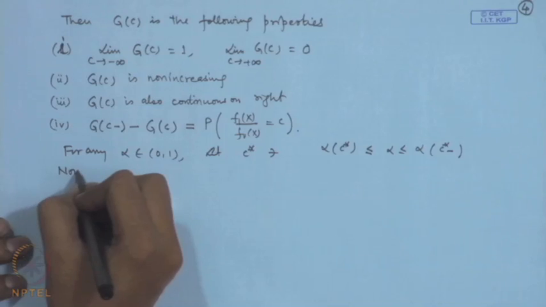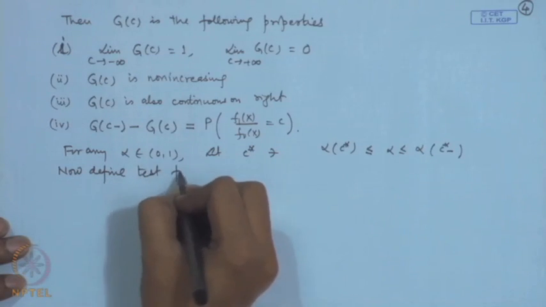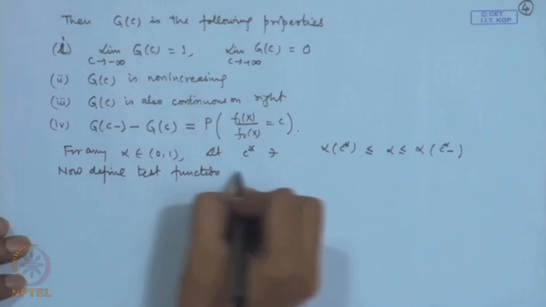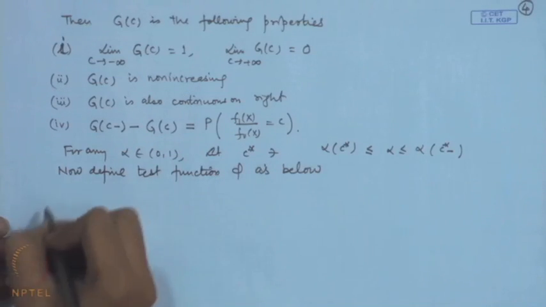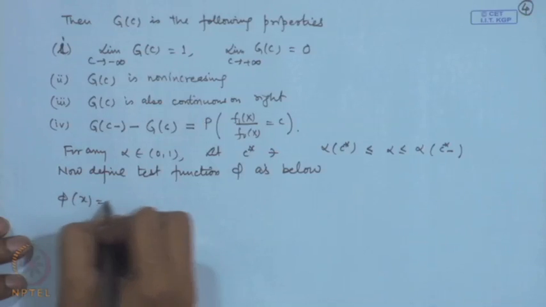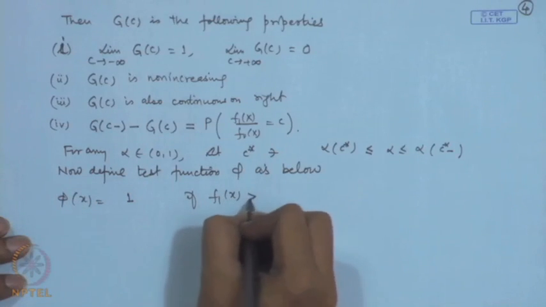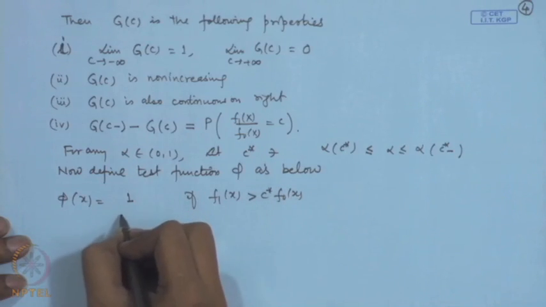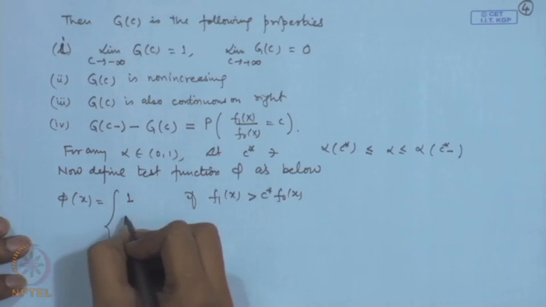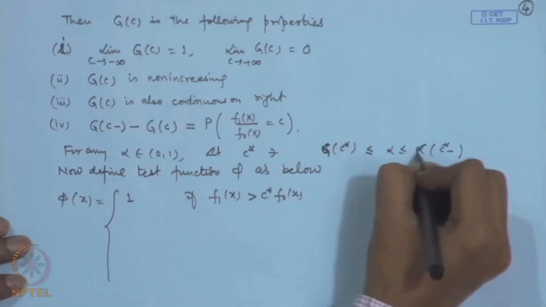In that case, we may choose any value which is in between. Now, define test function phi as below. So, we define phi x is equal to 1 if f 1 x is greater than c star f naught x, sorry, this is g c here.